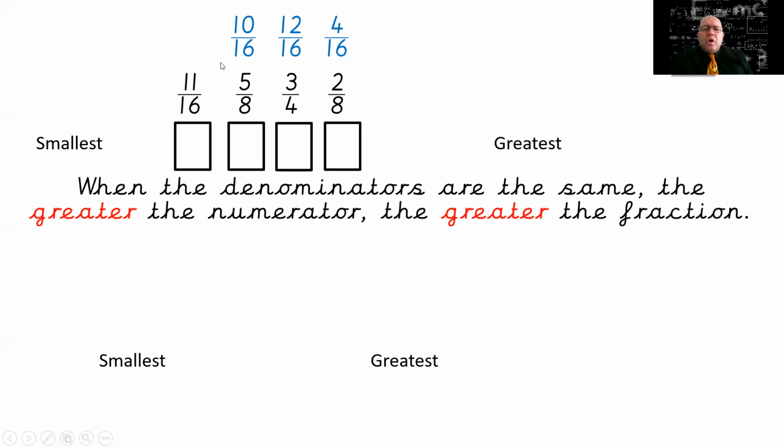We're now going to use those to put our sequence together. So remember, we've got the smallest on the left. So we've got 11/16, 10/16, 12/16, and 4/16. So our 4/16 is the smallest one, which is our 2/8. So our 2/8 is our smallest value. We've now got 11, 10, and 12.